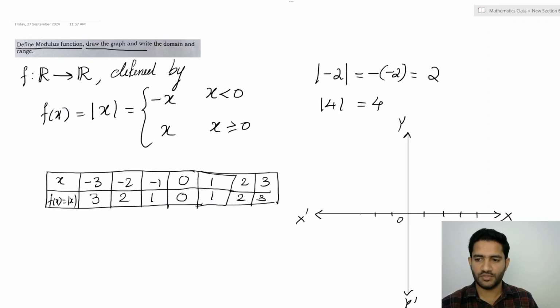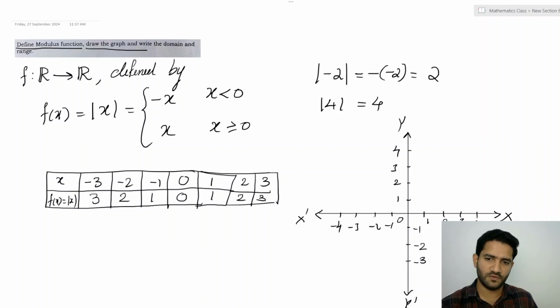Minus 1, minus 2, minus 3, minus 4. 1, 2, 3, 4. Actually, there is no negative value in the y-axis, but we are just noting some negative values here. 1, 2, 3, 4. Negative 1, negative 2, negative 3, negative 4.